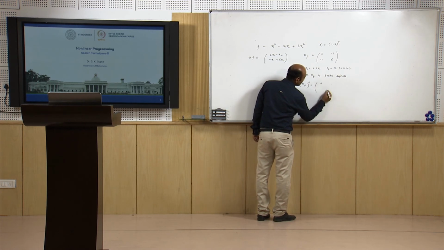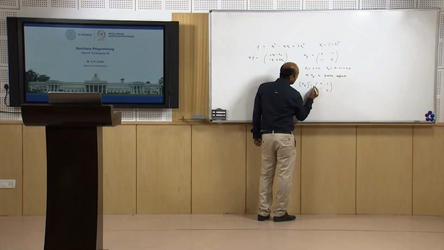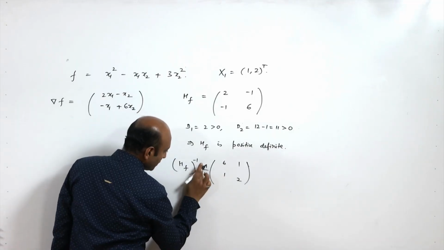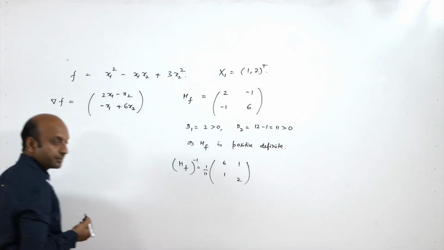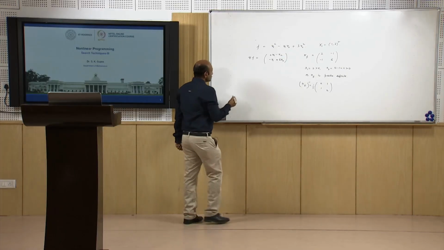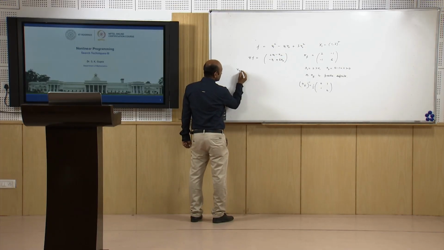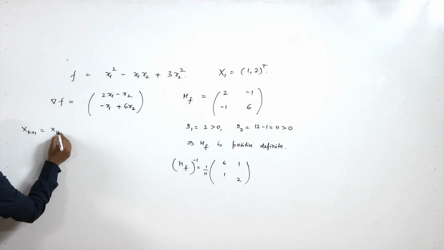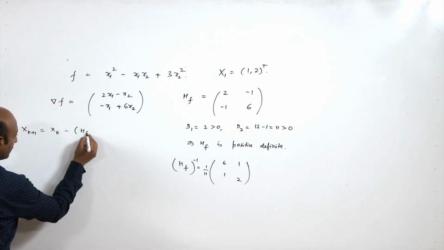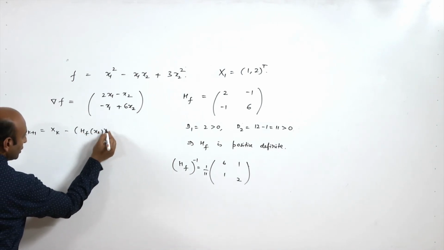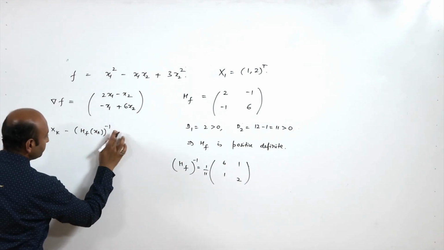The inverse will be [6, 1; 1, 2] with determinant 11, divided by 11. So, this will be the inverse of this matrix. So, we will use this recursive algorithm to solve this problem.